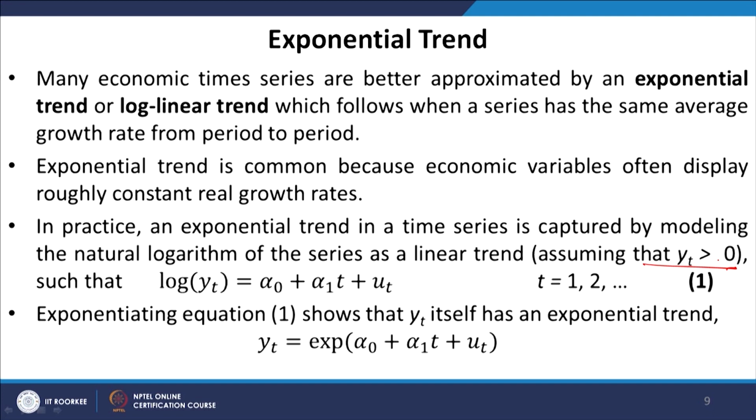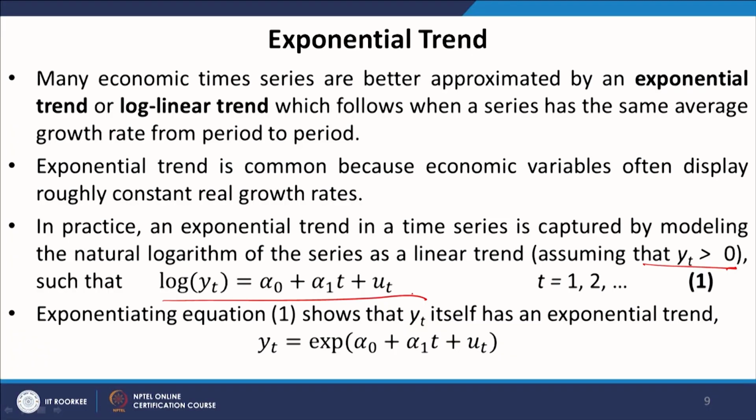Most often, if we are already working with growth rates, for example inflation, which can be positive as well as negative, then we may not consider an exponential trend. But for most other series, for example GDP in its absolute values, either real or nominal, we can always consider an exponential trend model.